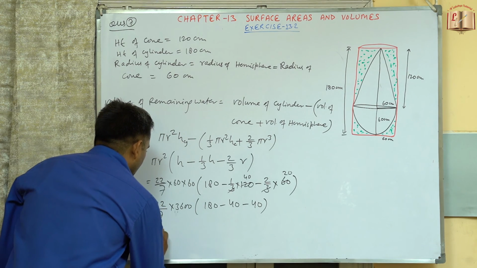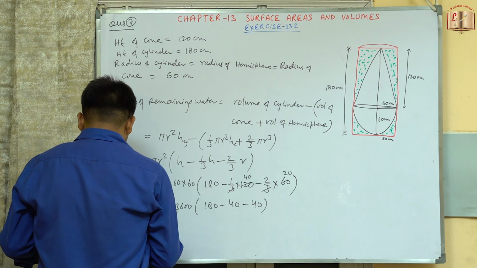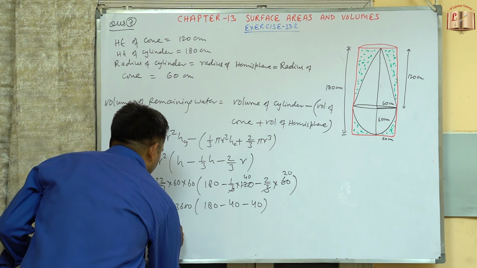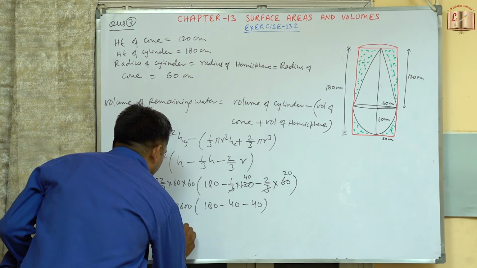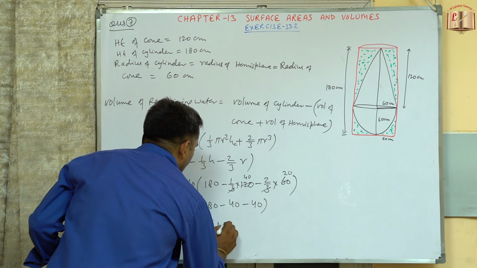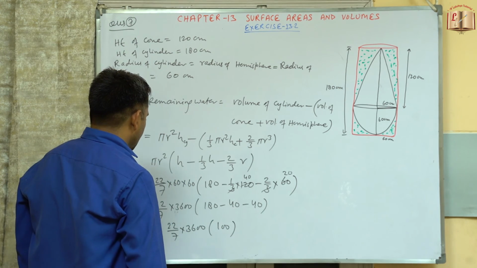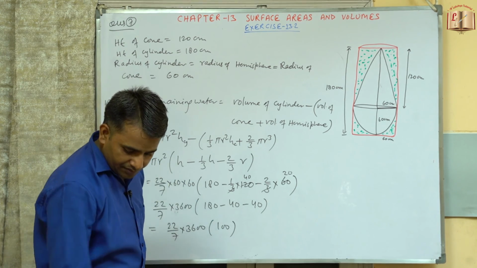So this will be equal to, on solving, so we can solve this. This will be 22 by 7 into 3600, and this will be 100 only. 180 minus 80, so it will be 100. So now we can solve this.